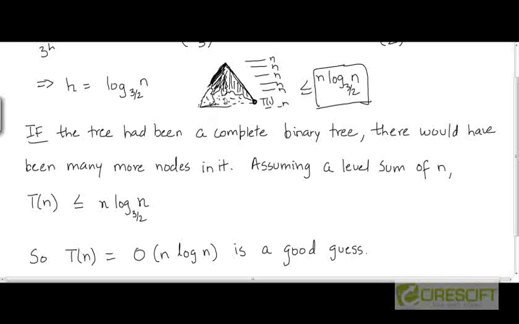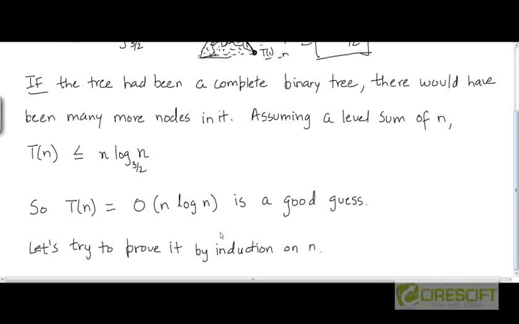Because here it's not clear what the lengths of all these paths will be, and because the leaves are at different levels, it's not completely clear what this pattern is going to look like. Although we've reasoned out that the level sums at every level should probably be less than or equal to n. But let's try to be more formal about it.